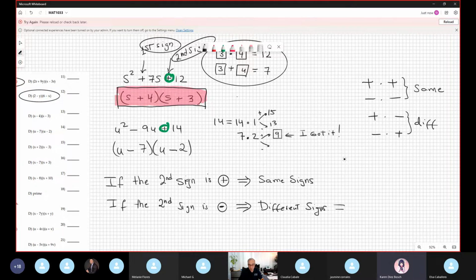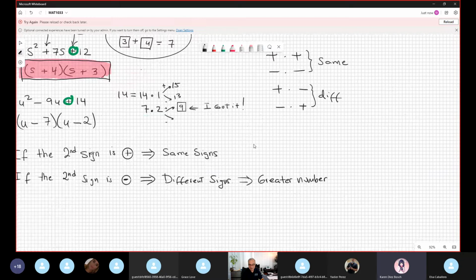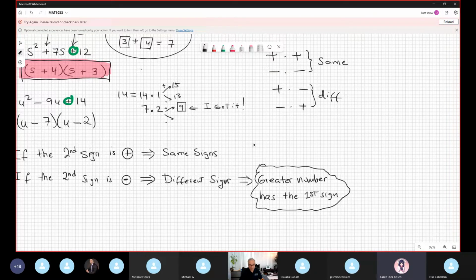Another conclusion after that, the greater number has the first sign. Important.